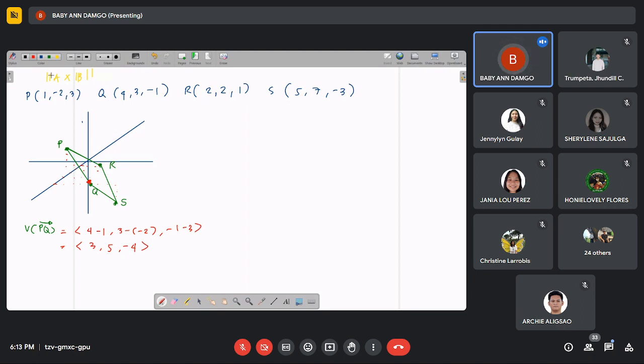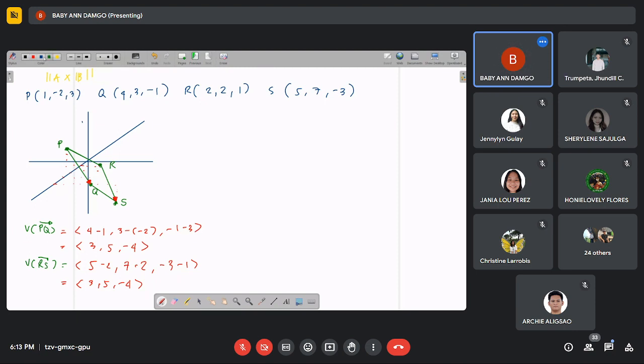Next is the vector RS. So we have 5 minus 2, 7 minus 2, negative 3 minus 1. So this is (3, 5, -4).